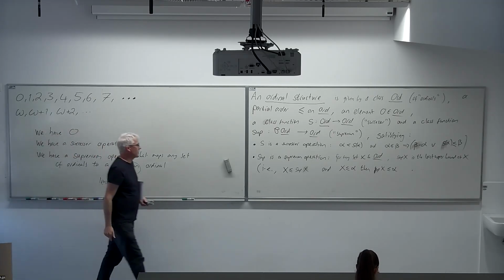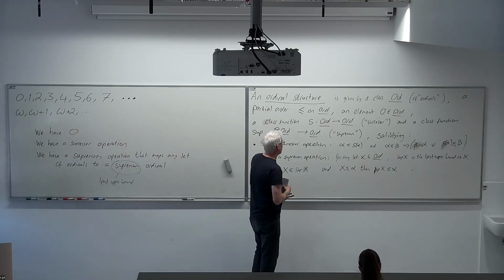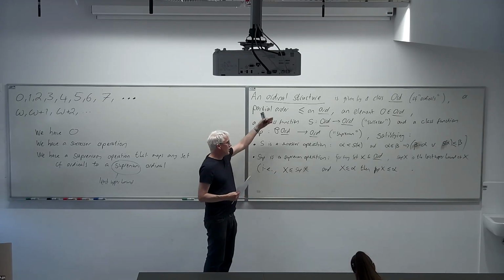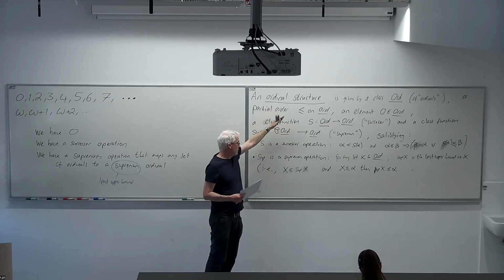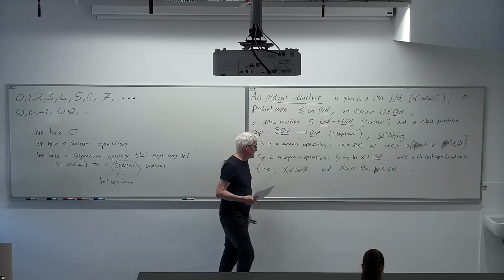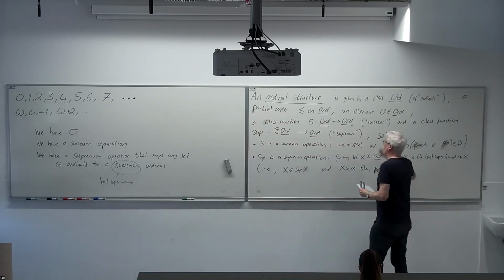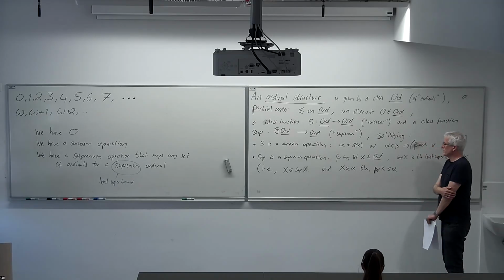We now want something similar for the ordinals. The idea is we're counting through the ordinals using these operations, and the ordinals are what we can get to through that method of counting that employs these two operations and starts with zero.